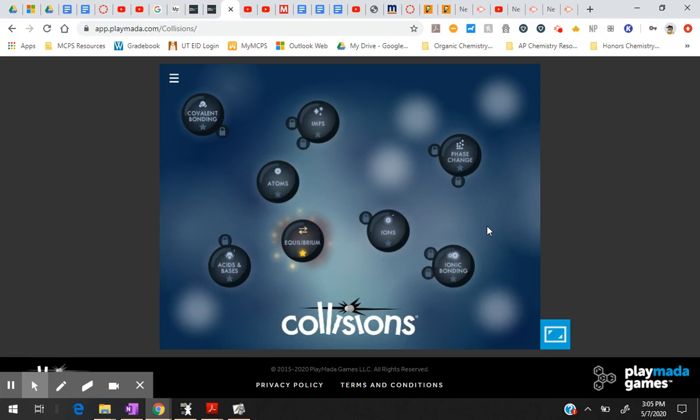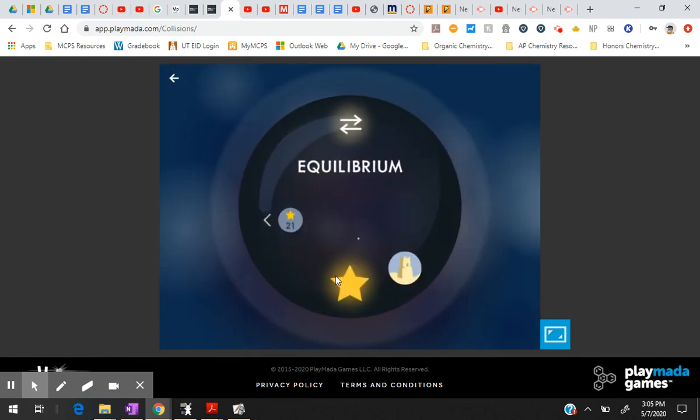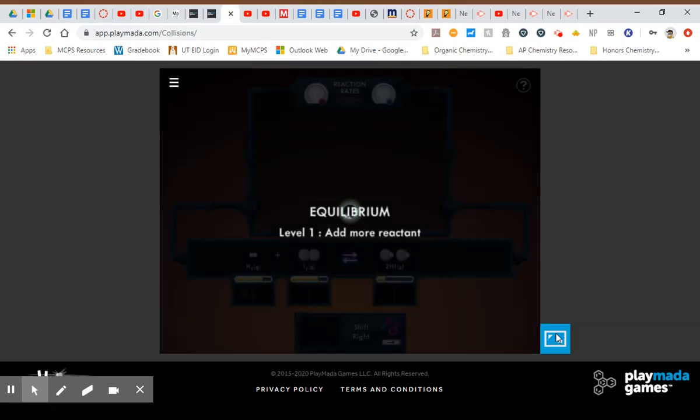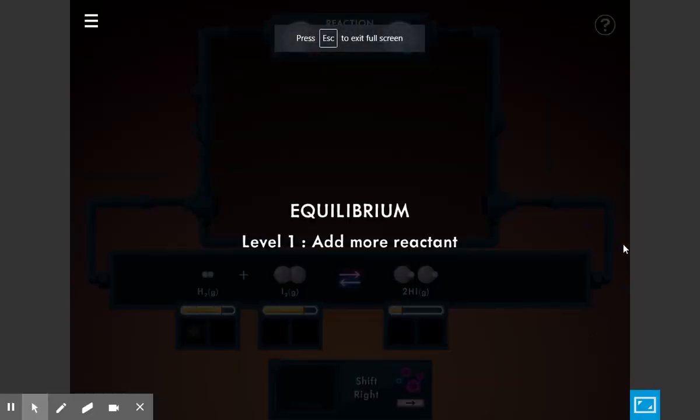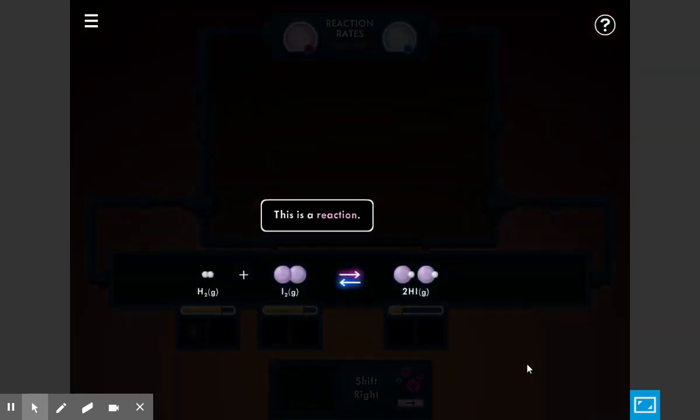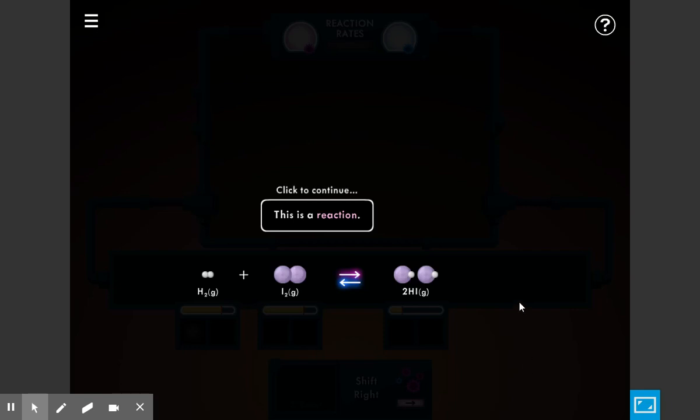There's a really cool simulation here from playmata.com on collisions. If we look at equilibrium, we go back to the first level, and we can see some of these things in action. So here's our reaction, H2 and I2, and we see that reversible arrow, and it forms 2 moles of HI.